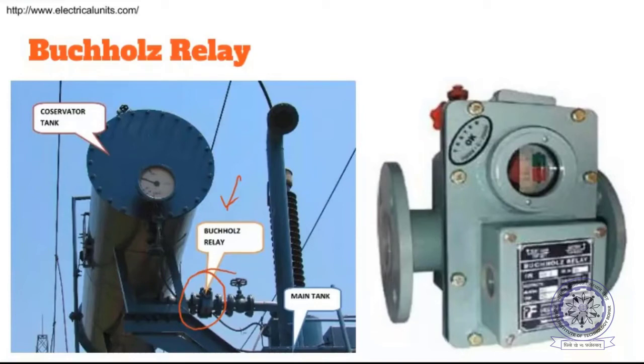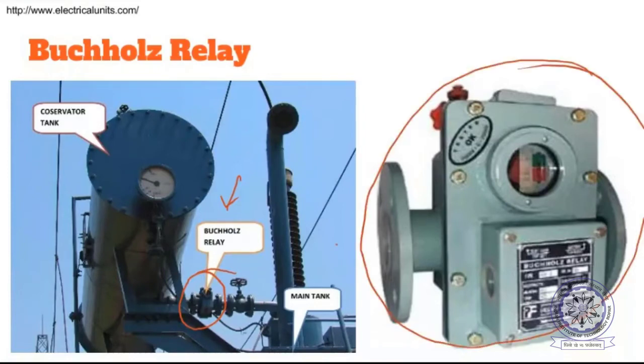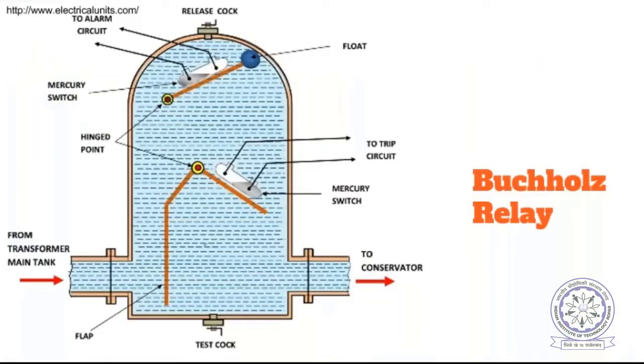You can see this is the inlet and this is the outlet. Inside the structure we will see in the next slide. It will give an indication. It will trip the circuit also. It will give an alarm also. So this is how the internal structure will be.